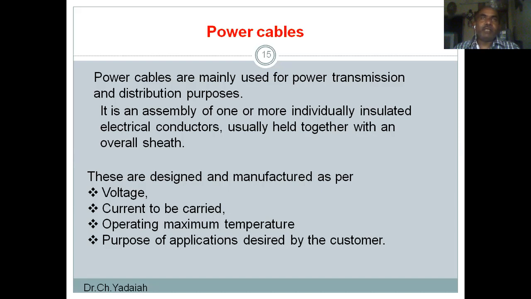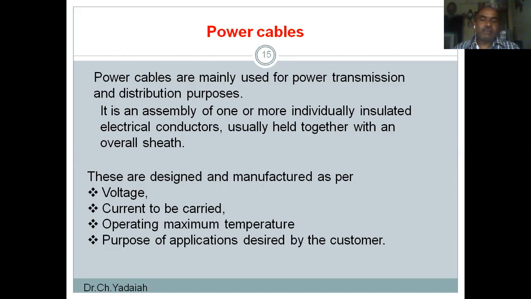In addition, the temperature of the cable also increases. So how much temperature can it withstand, 70 degrees centigrade, 100 degrees centigrade? We have to consider this factor also, such that even with the increase of temperature, it has to withstand without any breakdown or damage.